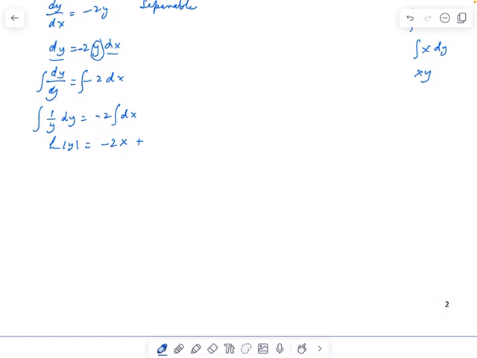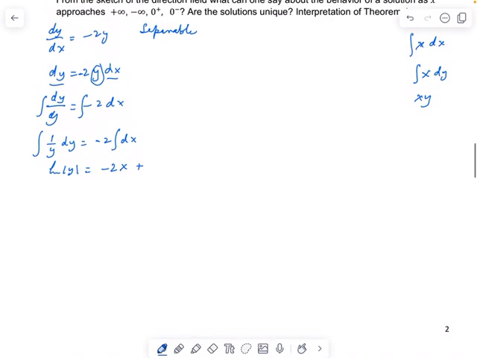Now in the past, in Calc 3, when you learn functions of several variables, more than one variable, if you are integrating a quantity like x dy, when you integrate, you end up getting x times y plus g of x. Why g of x?